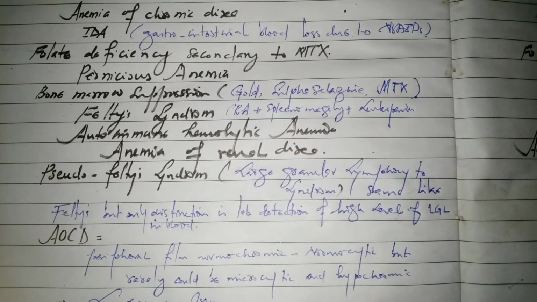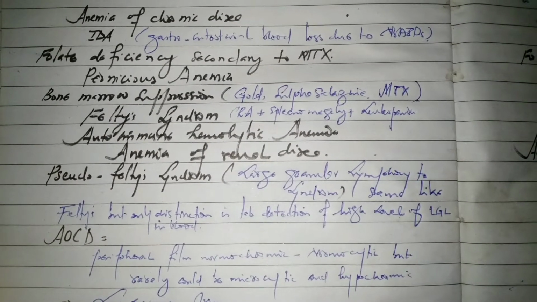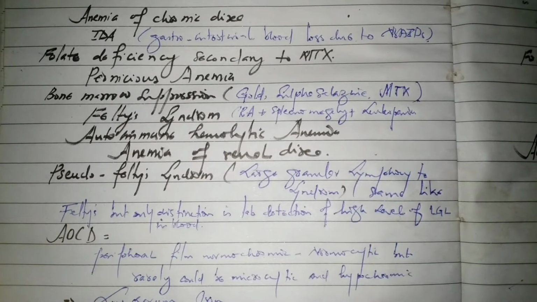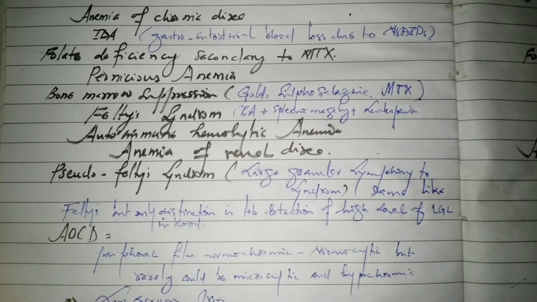Autoimmune hemolytic anemia: as discussed earlier, autoimmune conditions can be interlinked with each other.